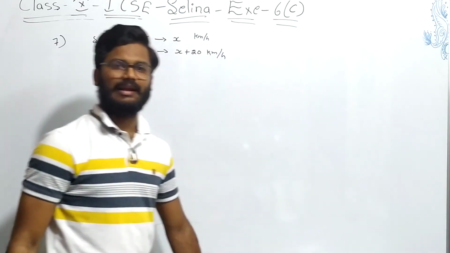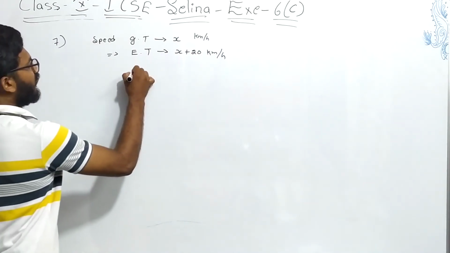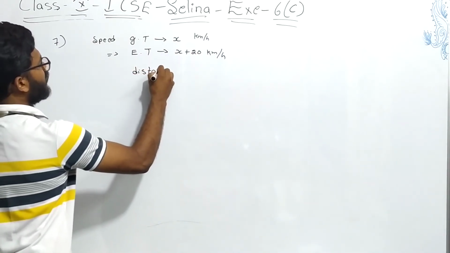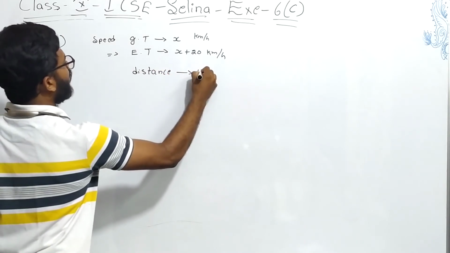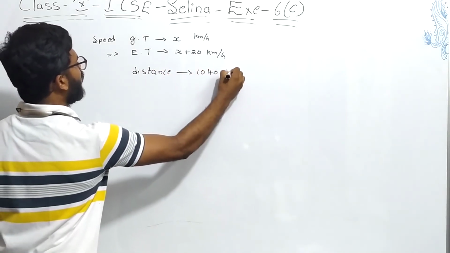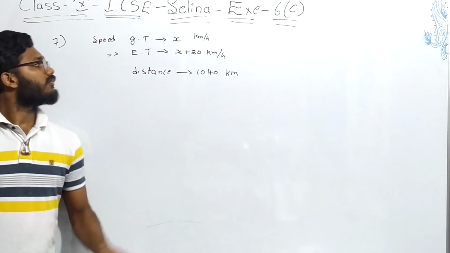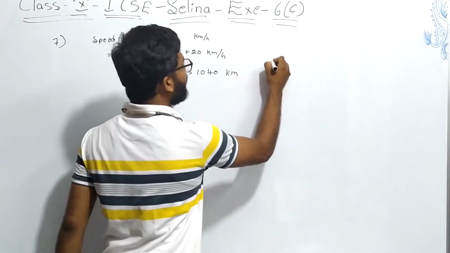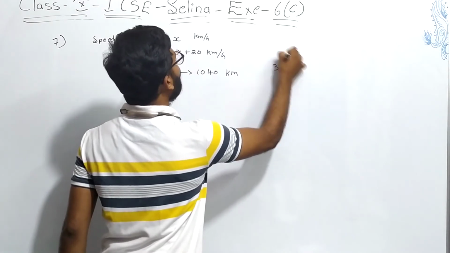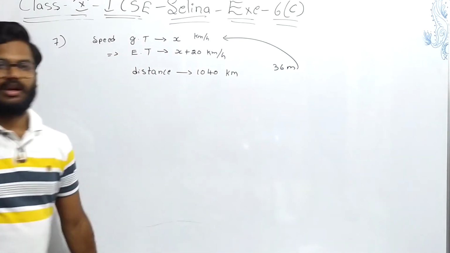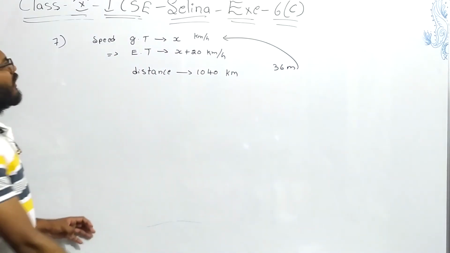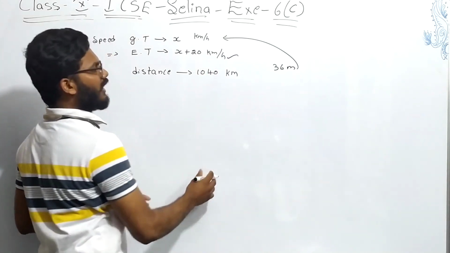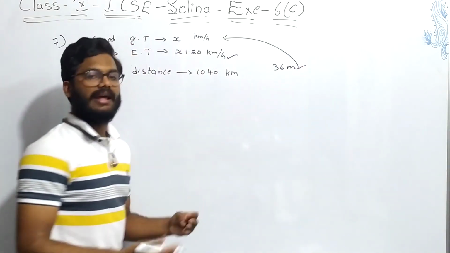So here they are telling that for traveling a distance of 1040 kilometers, the express train reaches 36 minutes before this goods train, right? See, it started late and it reached earlier.